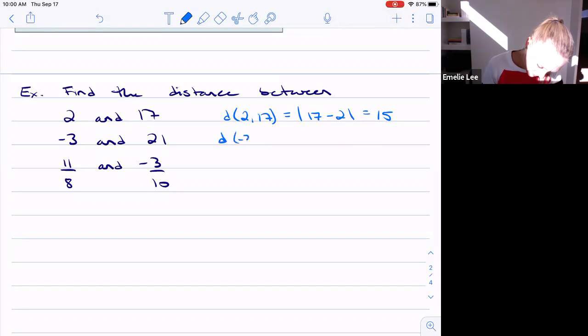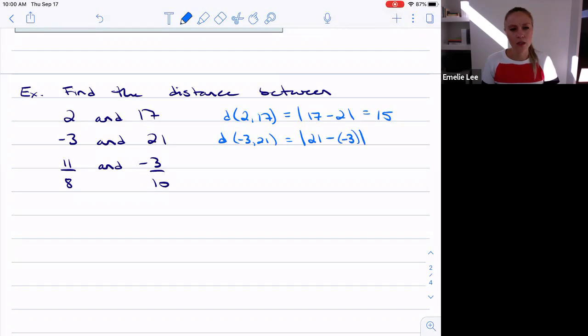The distance between -3 and 21 is the absolute value of 21 minus -3. Well, 21 minus -3 is going to be 21 plus 3, putting me at 24, which is positive. And so I don't need to drop the negative or anything.